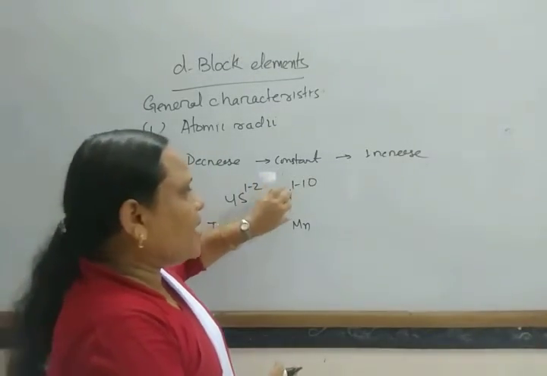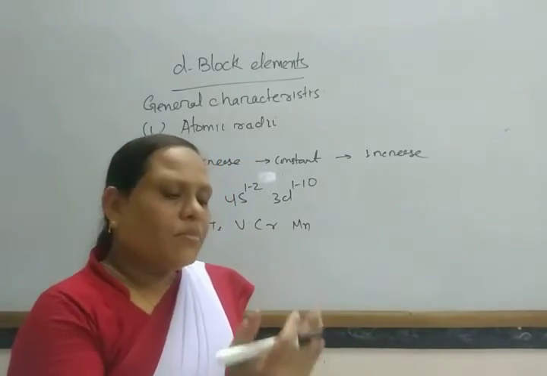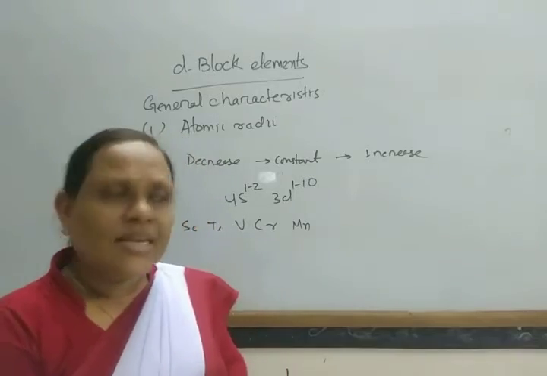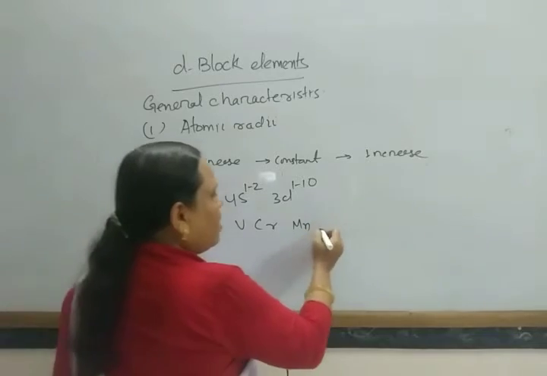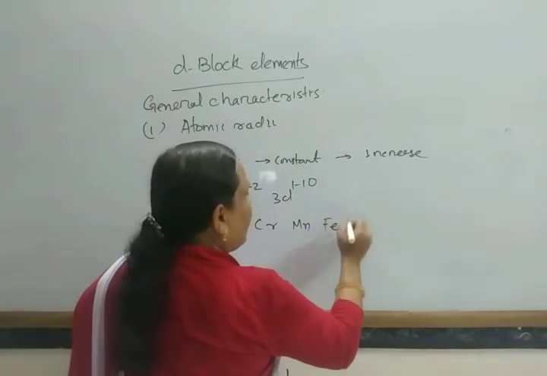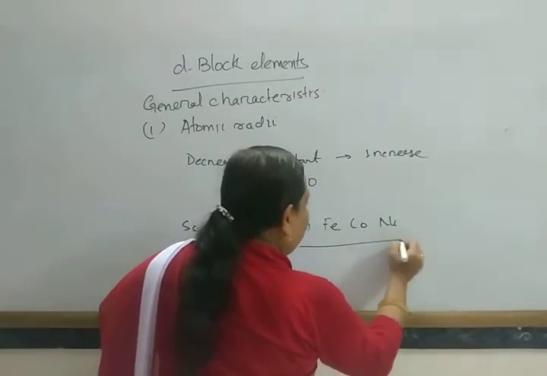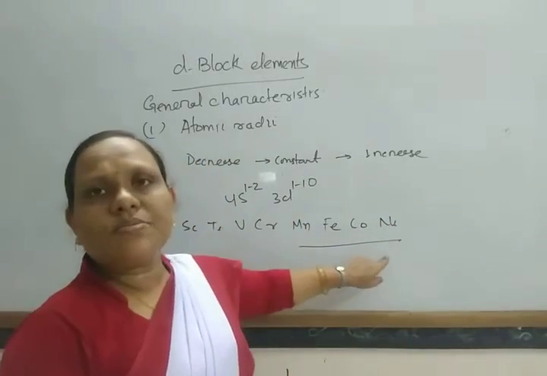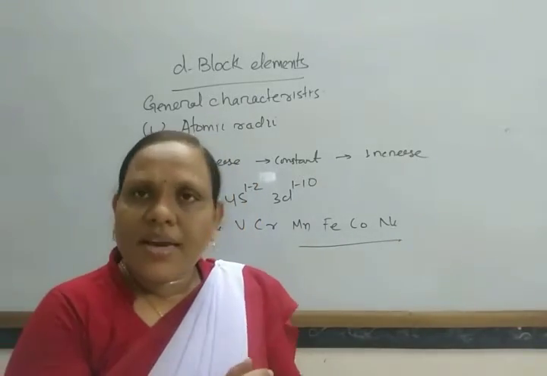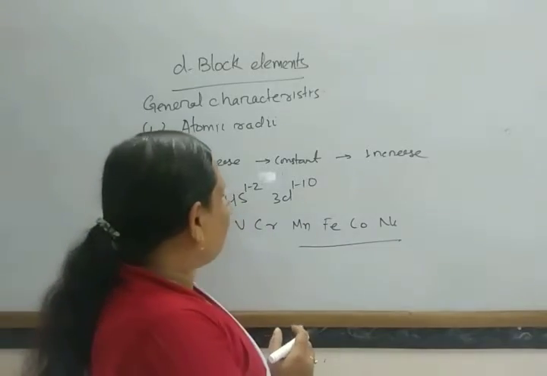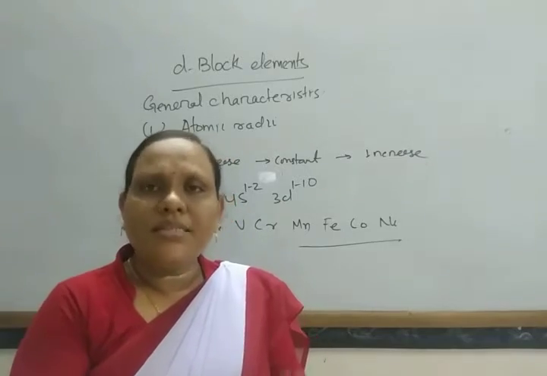As the number of electrons in the d subshell increases, the shielding effect becomes more. So from manganese, iron, cobalt, up to nickel, the screening effect becomes more and counterbalances the effective nuclear charge. In this way, the atomic radius remains constant.